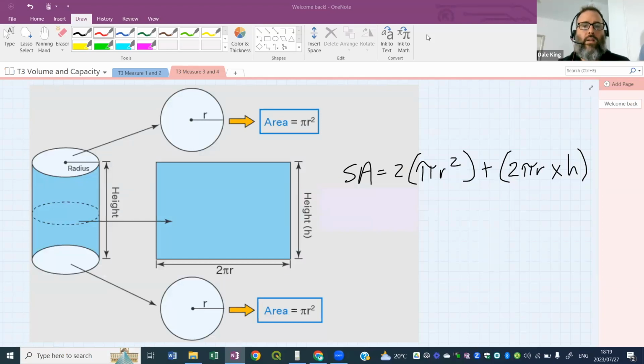There we go. Half the base times the perpendicular height. Okay, take a screenshot of that. Half the base times the perpendicular height.